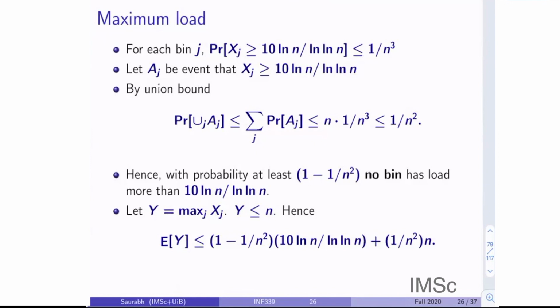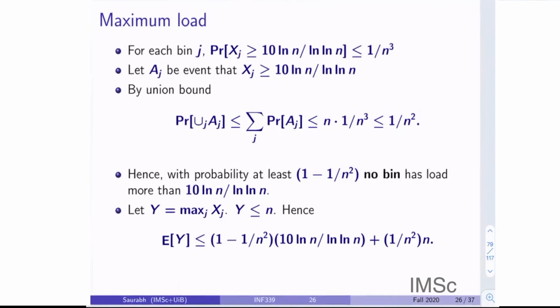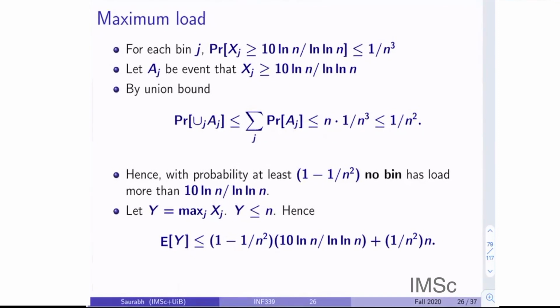So now, what is Y? We were interested in the maximum over j of x_j. I know that Y is less than or equal to n, right? Again, as we did for the running time analysis of quicksort, we can say it can take these values. The best thing would have been to just remove this 1 minus 1 by n squared, but you can be slightly more careful.